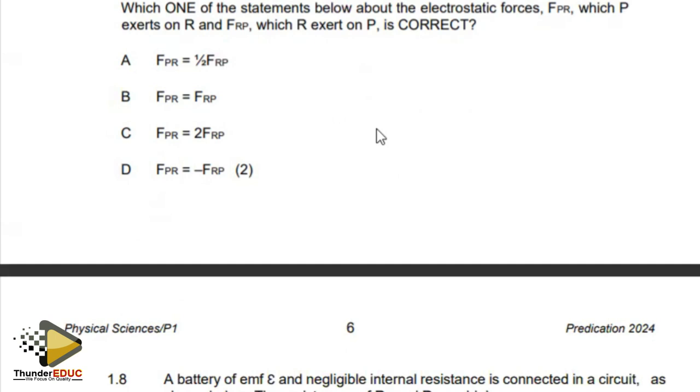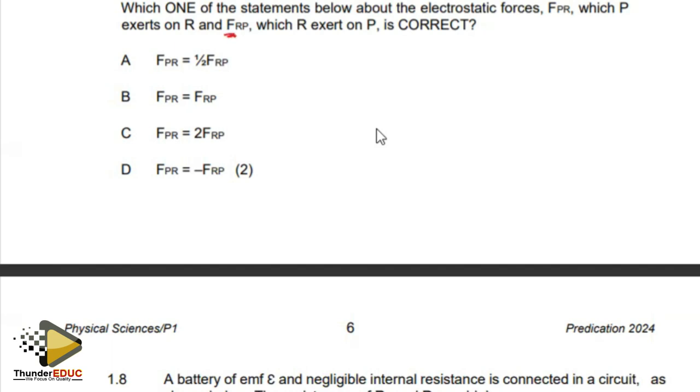So we're being told particle P has a charge of Q, and then particle R has a charge of 2Q. They're separated by this. They want us to tell about the forces between FPR and FRP.